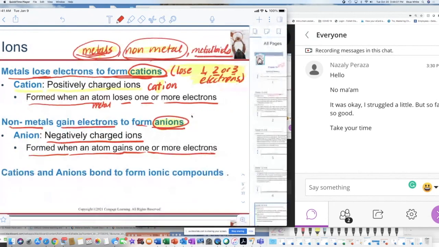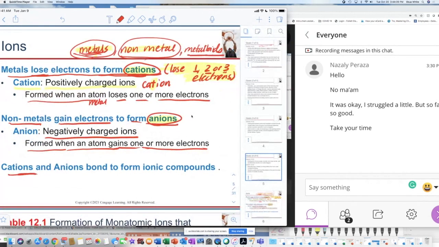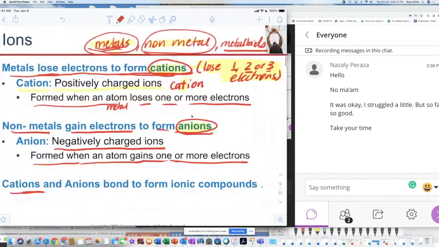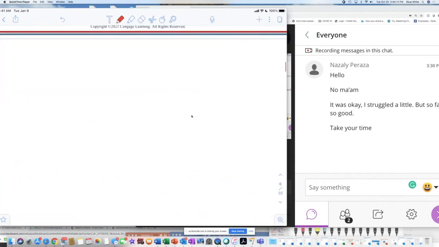So before we conclude with this part, let me go ahead and detour a little bit. We'll look at some examples. So we just summarized cations. These are positively charged ions.